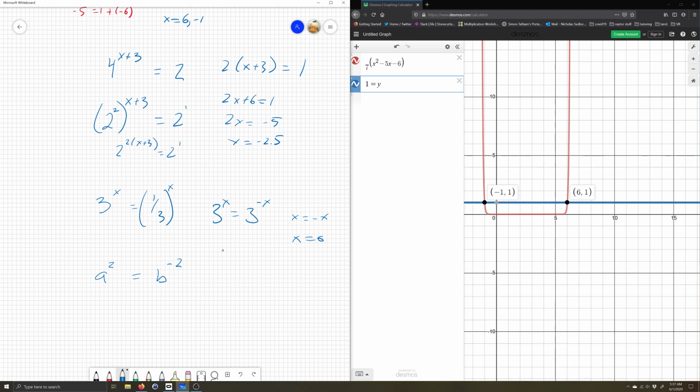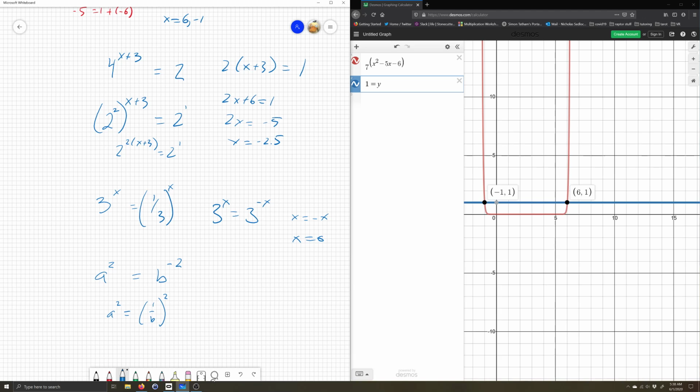Well, if a squared is b to the negative 2, then that means that a squared is the same as 1 over b squared. Does that make sense?